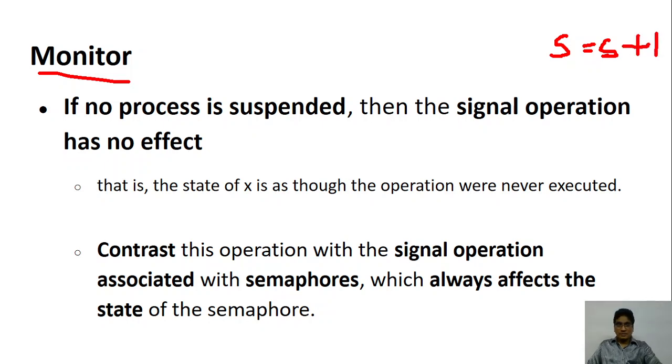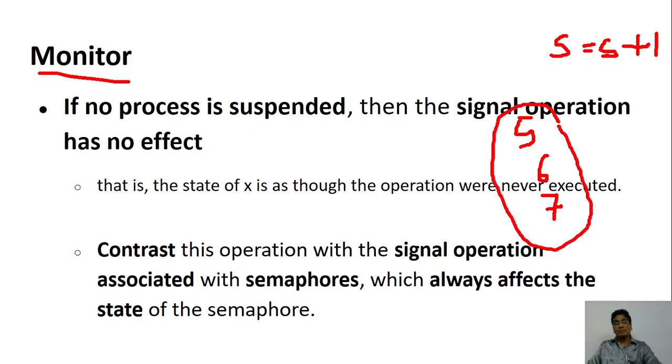Now if s is 5, s plus 1 will be 6, then 7. So the state is changing. When the value is changing, that means the state is changing. Look at a switch: if you change the state, it becomes off or on.